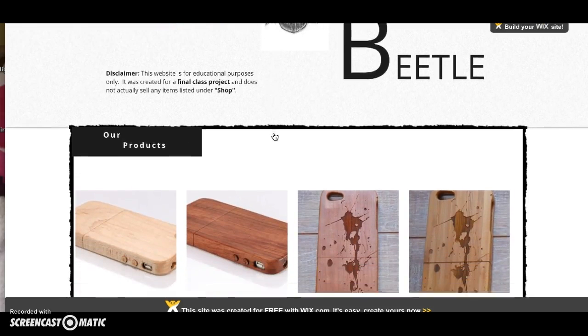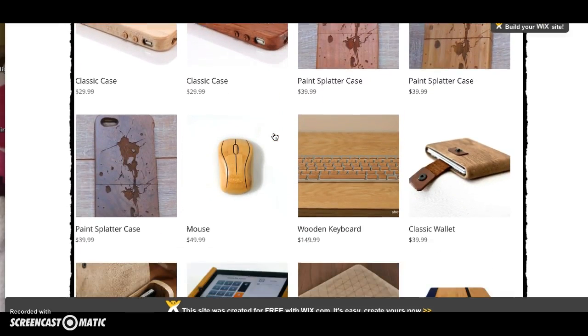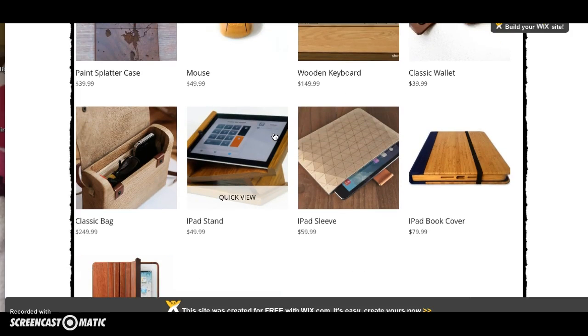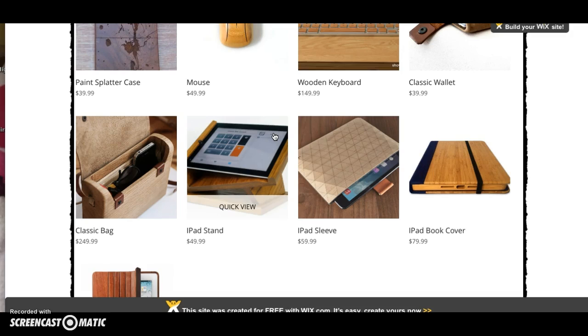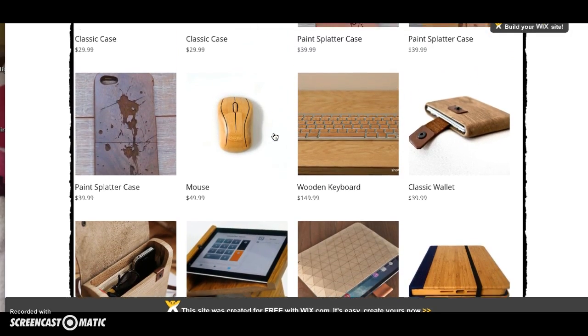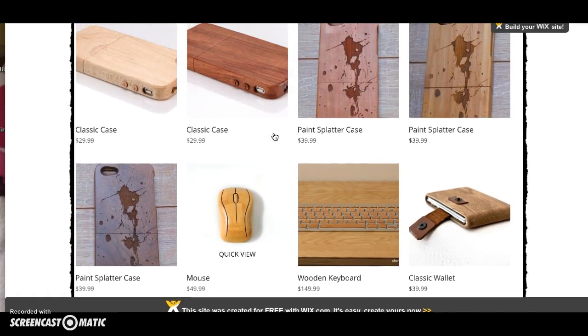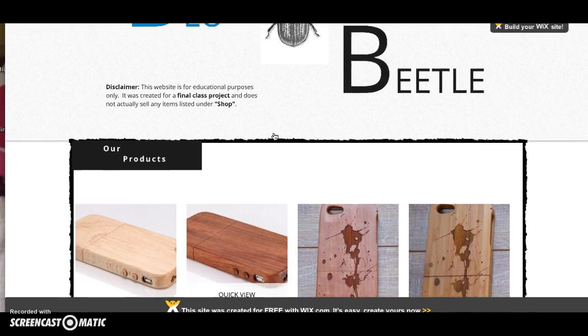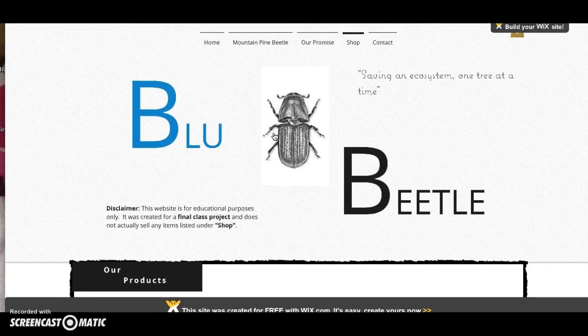They are priced a little higher than some other cases, or of course keyboards and cases that you may see on the market. And that's just because, like other websites that do this sort of thing, we try to use some of the profit to replant, like I said before, genetically altered trees, so that we can help save the Rockies as a whole.